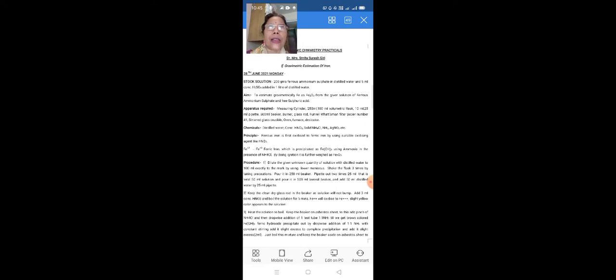Nitric acid is used as the oxidizing agent, and ferrous itself turns into the ferric ion, which is precipitated as ferric hydroxide, Fe(OH)3, using ammonia in the presence of NH4Cl. By ignition, it is further weighed as Fe2O3.